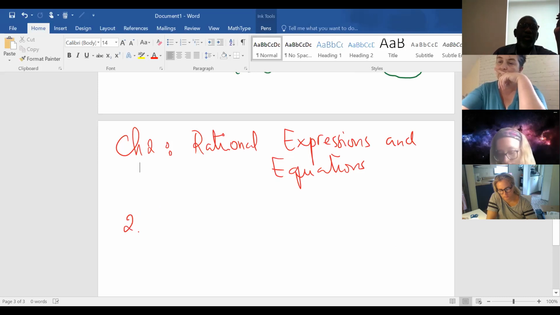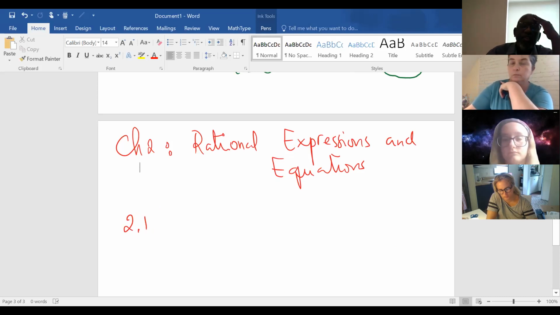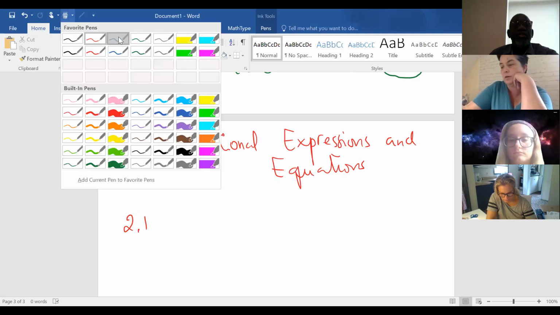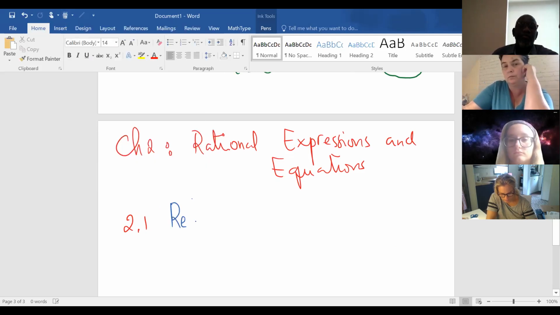Okay, so 2.1 is how to reduce rational expressions.